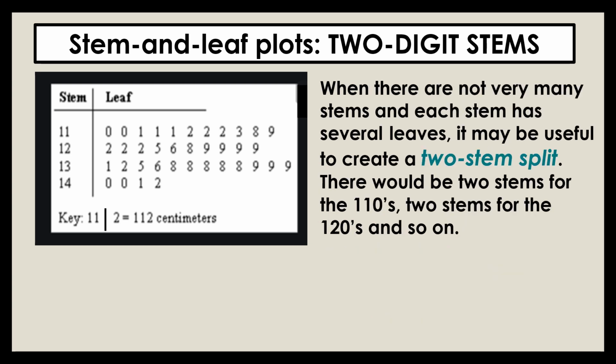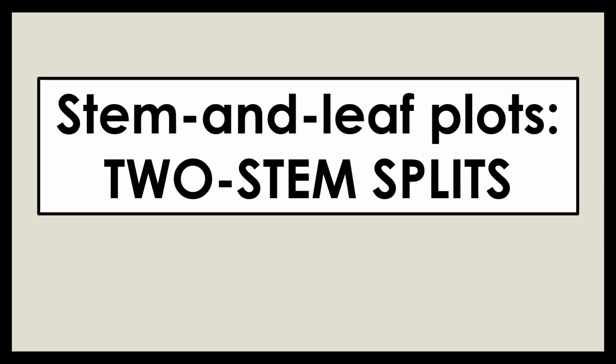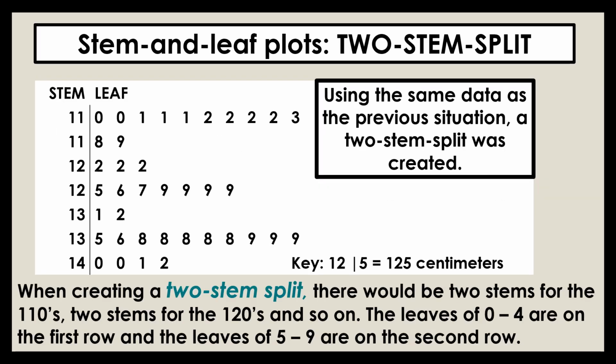When there are not very many stems and each stem has several leaves, it may be useful to create a two-stem split. There would be 2 stems for the 110s and 2 stems for the 120s, and so on. Stem and leaf plot, 2 stems.